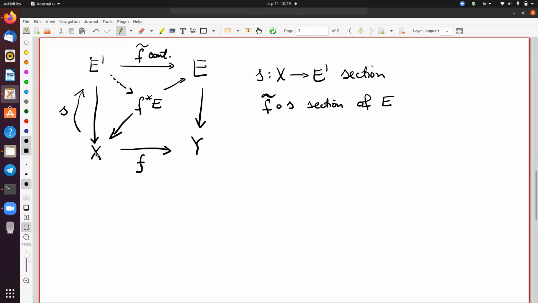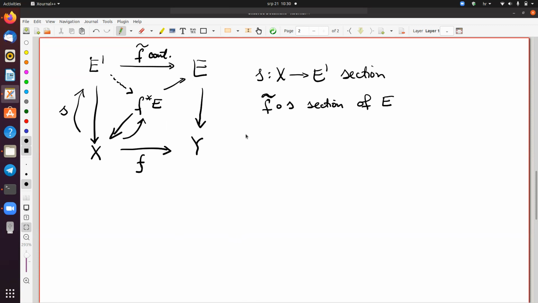I could also go here. I also have a section of F star of E. And I say this section is continuous if and only if this section is continuous.